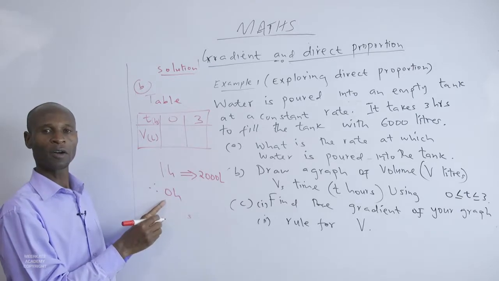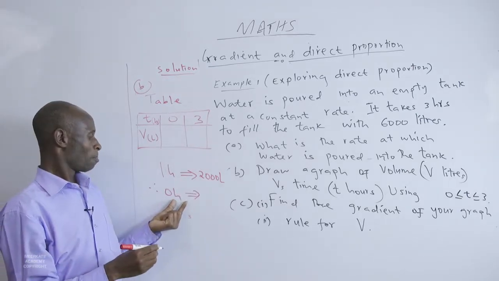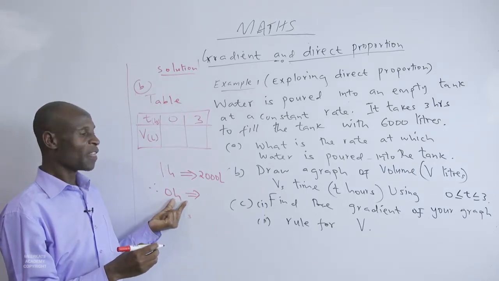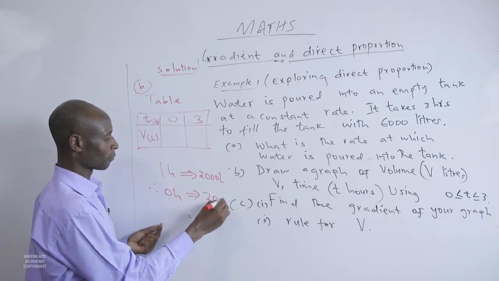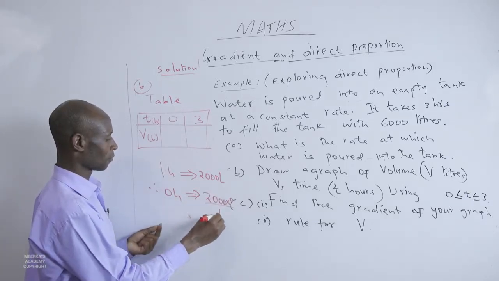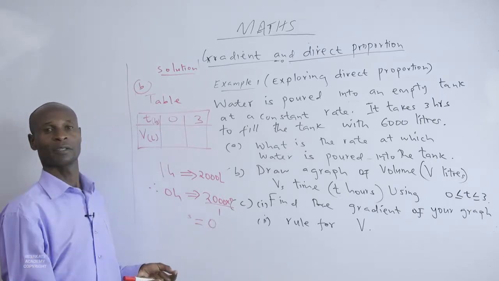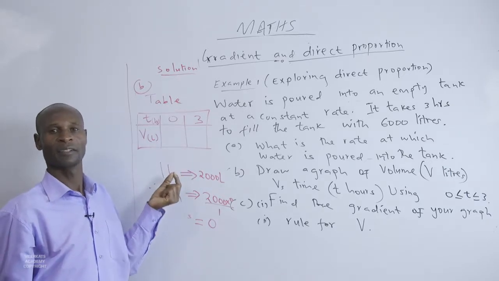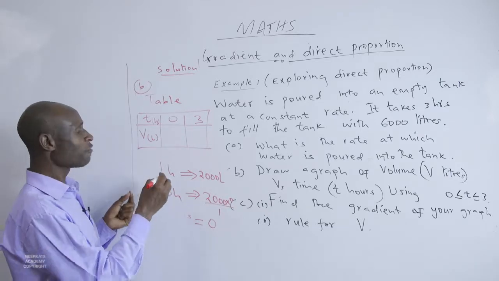What about 0 hours? At 0 hours, the water inside the tank will be 0 liters. So that implies that we don't have water inside the tank in 0 hours. So the value for V is 0.